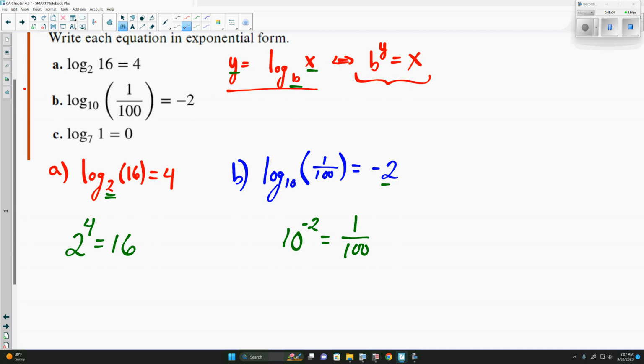And lastly, C, log base 7 of 1 is equal to 0. So if we rewrote this, the base is 7, 7 to the 0 is equal to 1.